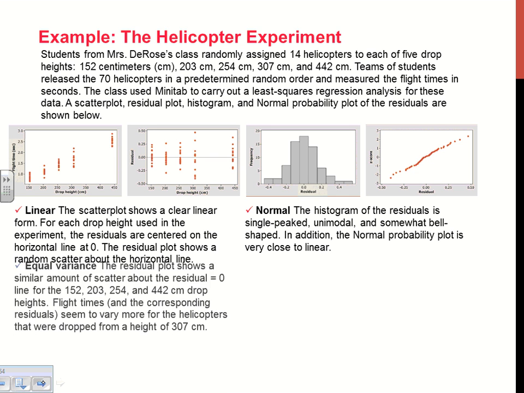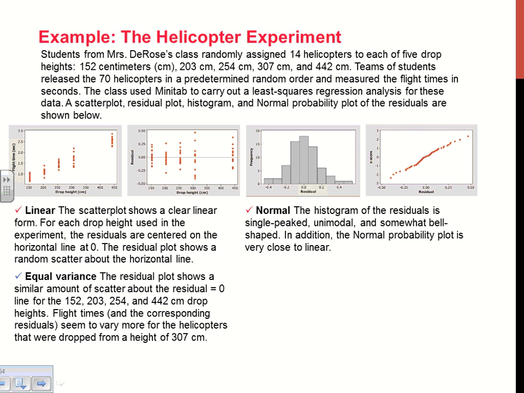Normal, the histogram of the residuals is single-peaked, unimodal, and somewhat bell-shaped, so it looks very normal. Equal variance, the residual plot shows a similar amount of scatter about the residual line, residuals equal 0, for all of those drop heights.